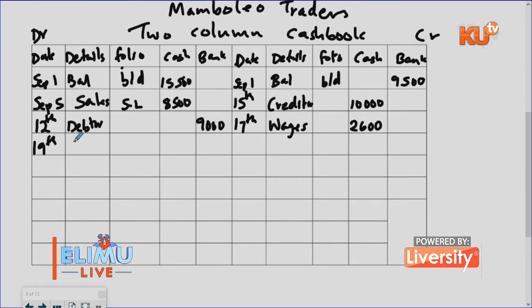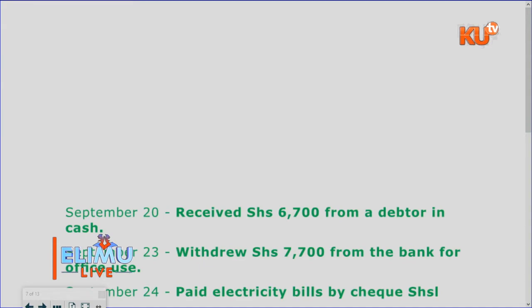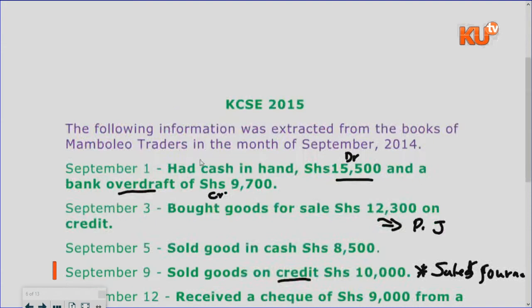It is received from Samson. And so that is a cash of how much? A check of 23,400. Good. Let's go back again and finish up now the transactions.